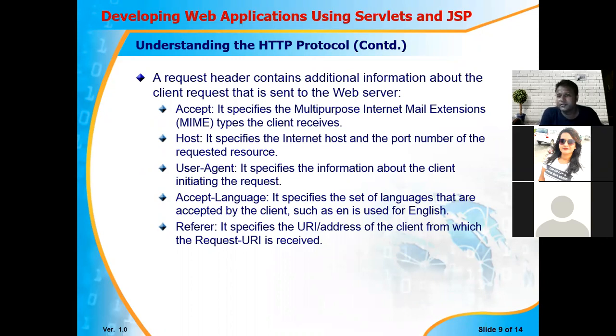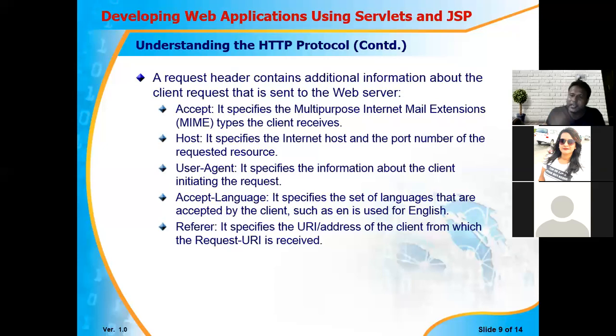User agent contains the information about which browser you are using. Then accept language specifies the set of languages that are accepted by the client. Referrer specifies the URI address of the client from which the request URI is received. Okay, referrer specifies the URL address.